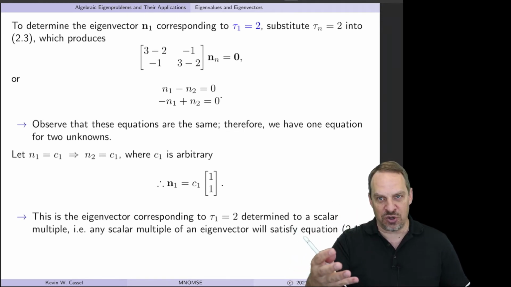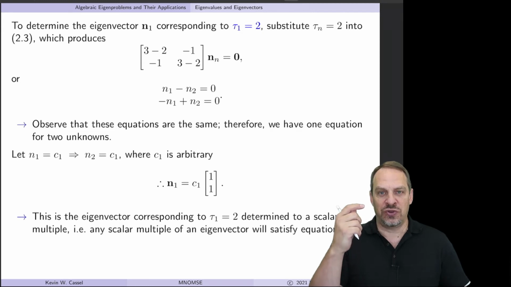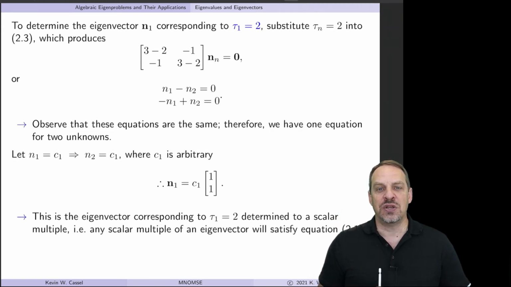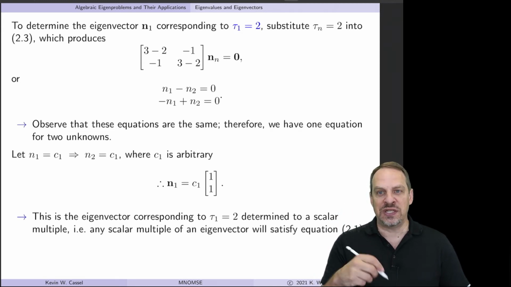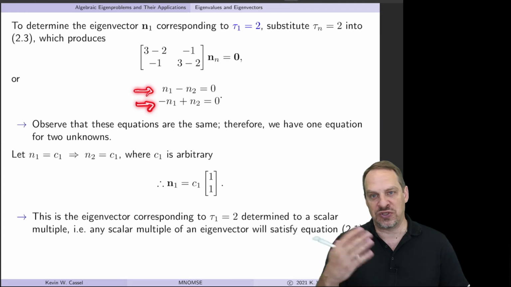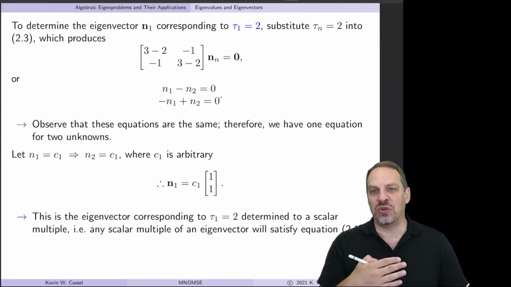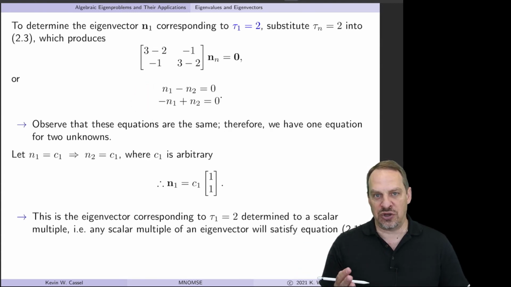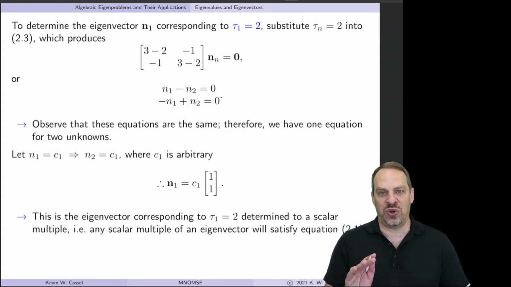It's not invertible. Also, the rank has to be less than n. So that means we have to lose at least one equation. In this case, we can clearly see that these 2 equations are the same. One's just the negative of the other. So the second equation doesn't give us any new information. So we just have one equation for 2 variables. That's always true.